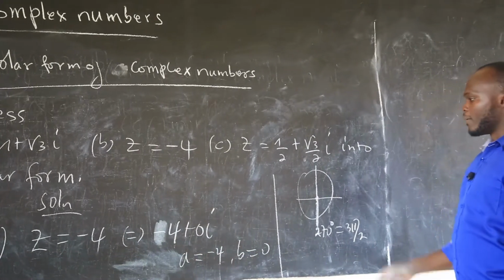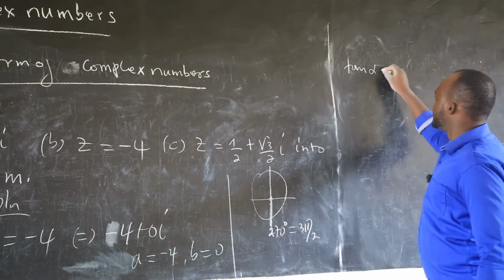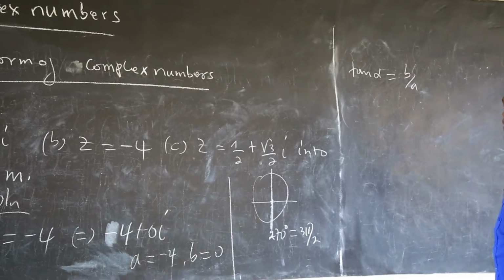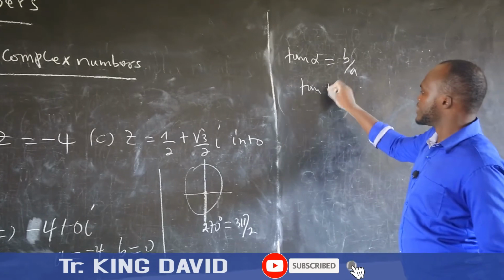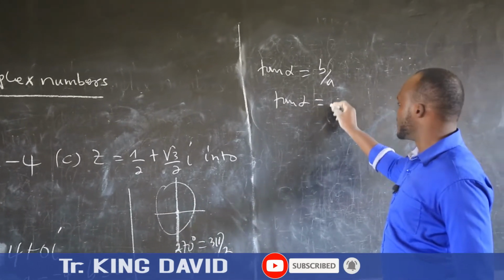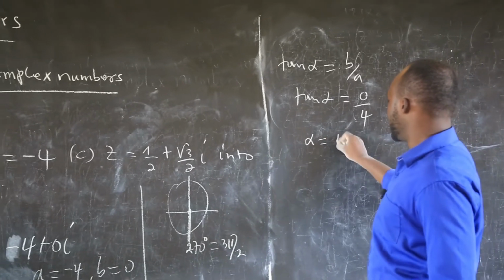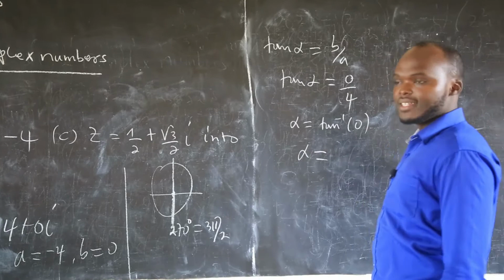270 degrees. So now, what is our tan alpha, which is b over a? Our tan alpha is b, which is 0, over 4. So alpha is tan inverse of 0.